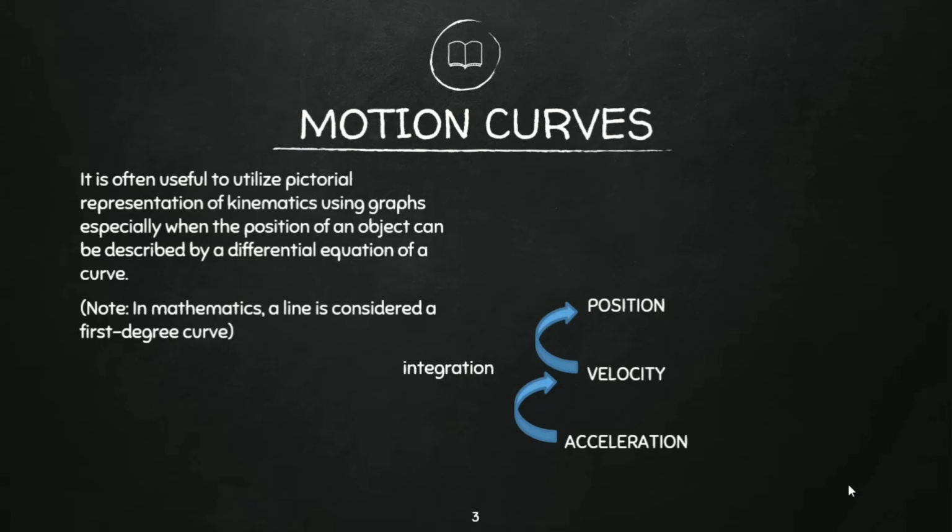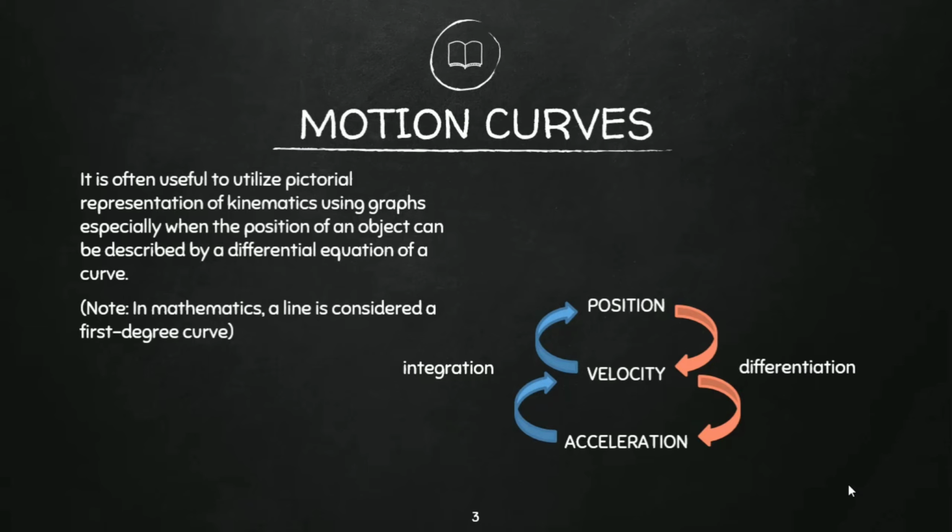If you have the position time graph of an object and you want to look for the velocity time graph, then the acceleration time graph of the object, then you will use the process of differentiation.